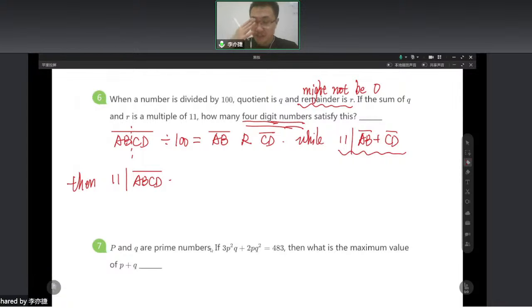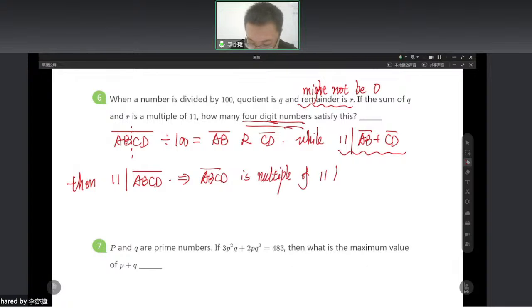But never mind, we just treat it as it cannot be 0. As long as ABCD is a multiple of 11, it's okay, but we make CD not 0. So ABCD is a multiple of 11, but CD is not 0, so it is not a multiple of 100.